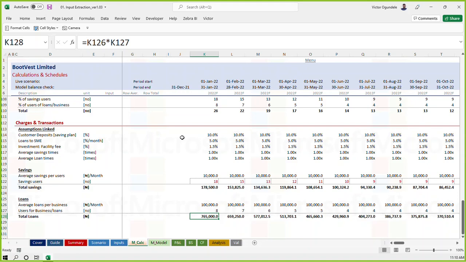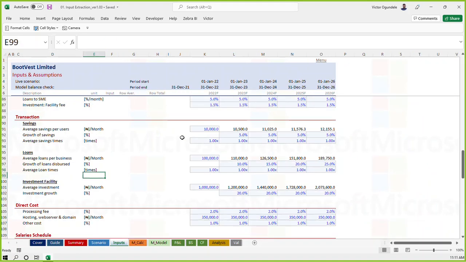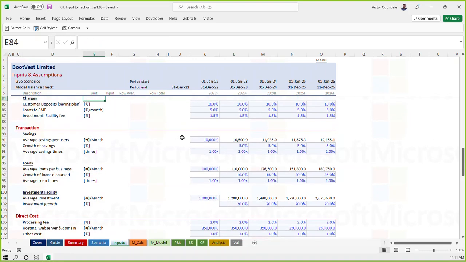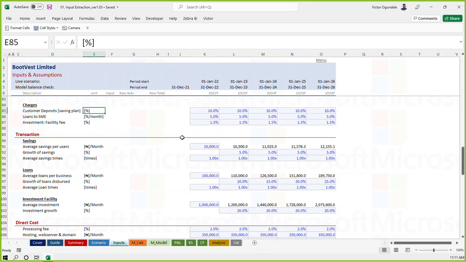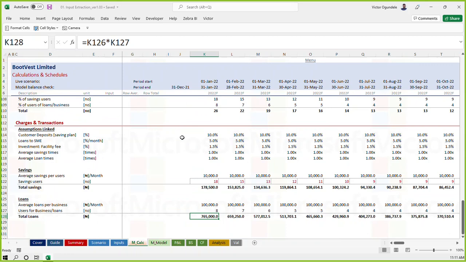We are missing something in this our loans. Can anyone tell us? Interest rates on loans. Interest rates, no, we already have that. This is our loans to SMEs, and this is more like the rates we created for it. We are missing something, and that thing is very, very important.